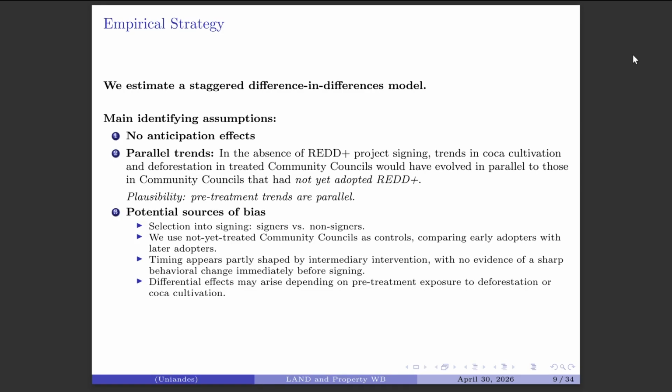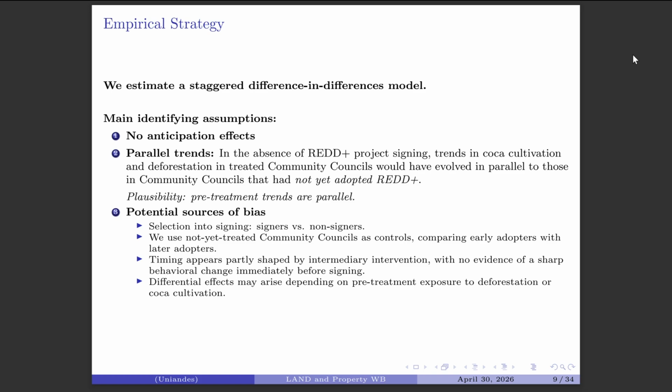And I want to highlight 4 potential sources of bias. First, selection into signers versus non-signers could be a bias. Because of that, we use the not-yet-treated community councils as controls.